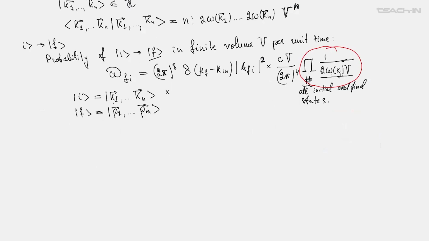In the large volume limit, this quantity omega phi I is actually not so well defined, especially if you want to send V to infinity. Then we would have a problem with this expression.